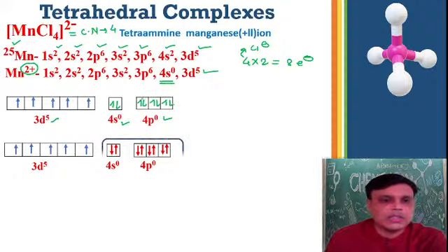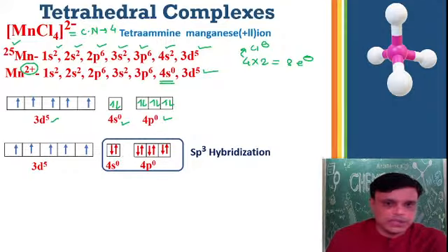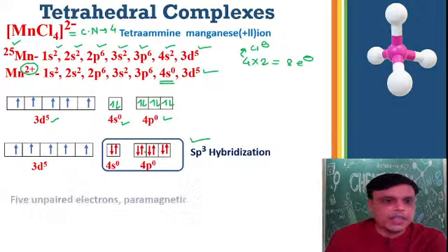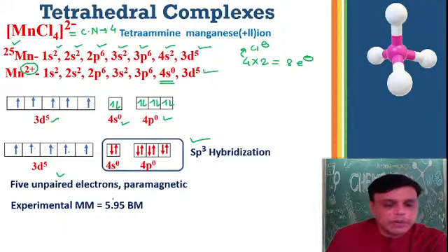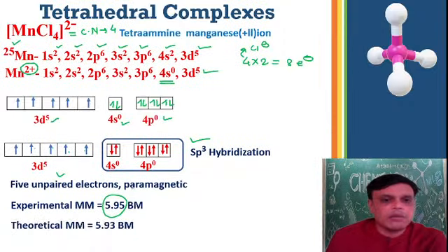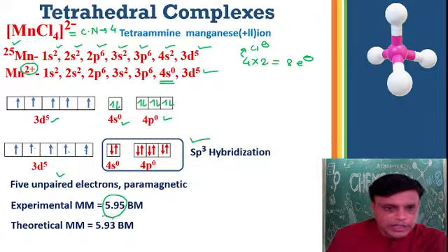ठीक है, now these 4 orbitals undergo a process called hybridization, and they will show sp3 hybridization, 1s and 3p orbitals. ठीक है, then 5 unpaired electrons are present, है क्या, देख लो 1 2 3 4 and 5 unpaired electrons, that means complex is paramagnetic, and the experimental magnetic moment of this compound is 5.95 and calculated magnetic moment is 5.93 BM.